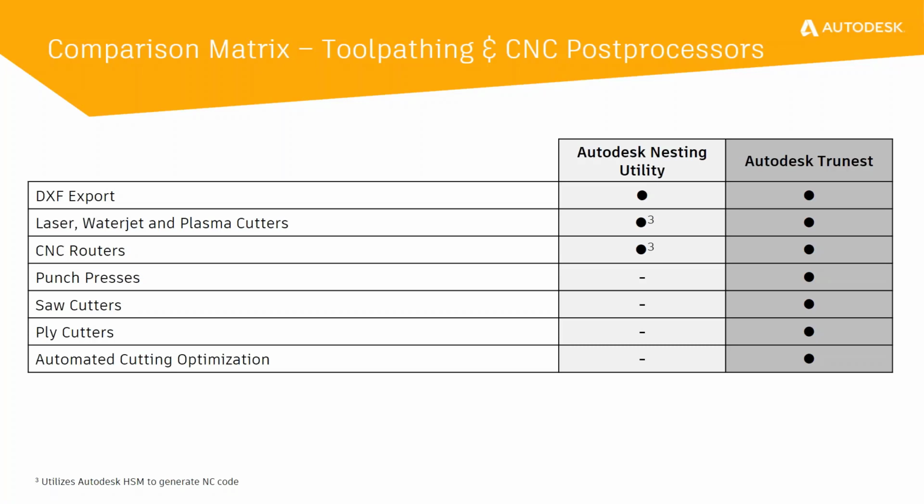You can use CNC routers, again in the nesting utility this is done through HSM. But Autodesk TrueNest does come with the ability to support punch presses, saw cutters, ply cutters, and automated cutting optimization as well.